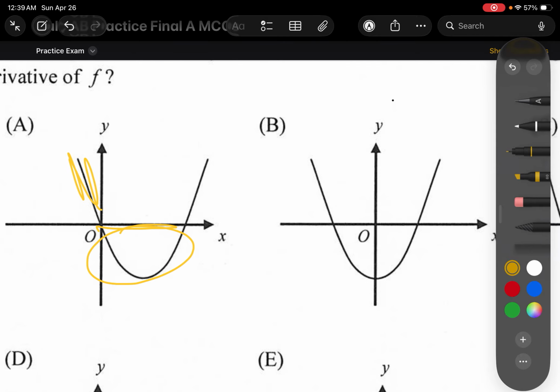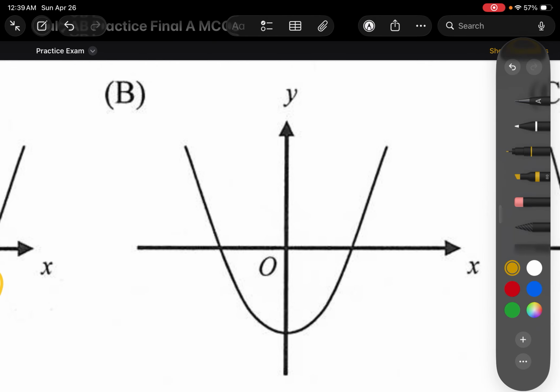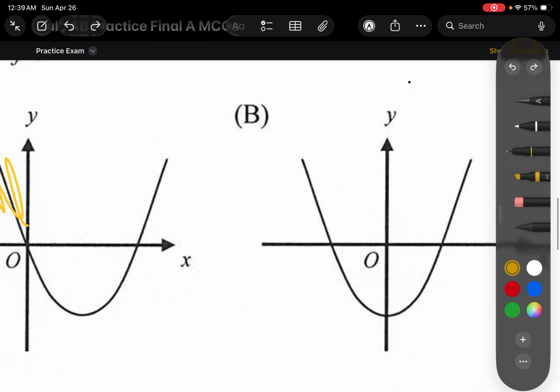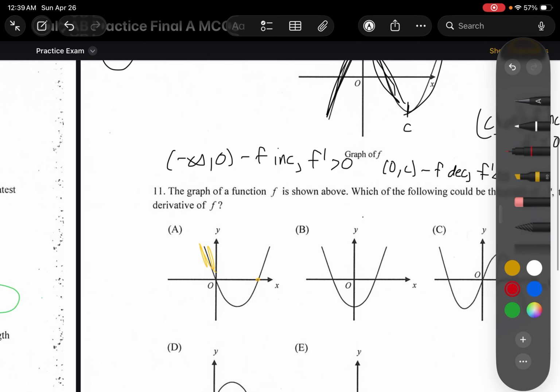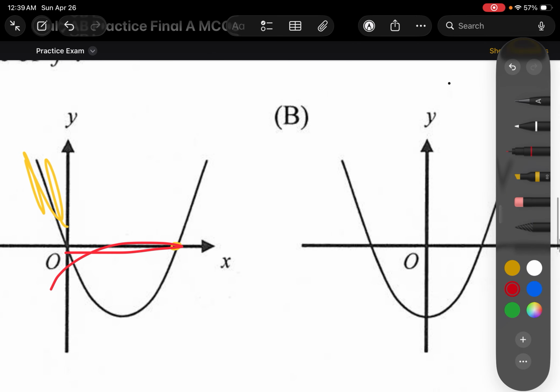To some point, f prime does decrease, so that matches our second criteria. And from c to infinity, let me mark that down. Yeah, f is decreasing at this interval here.